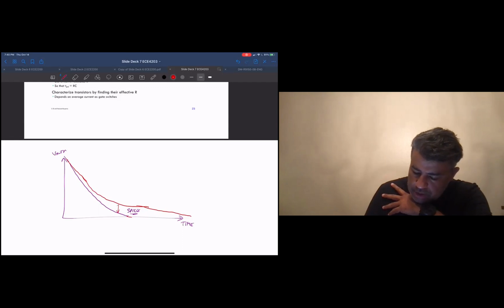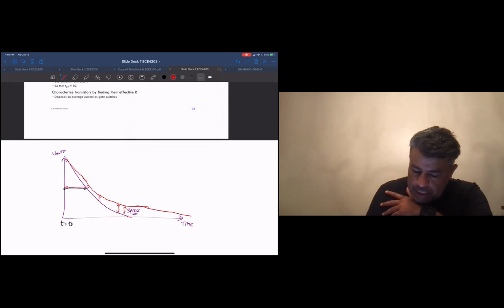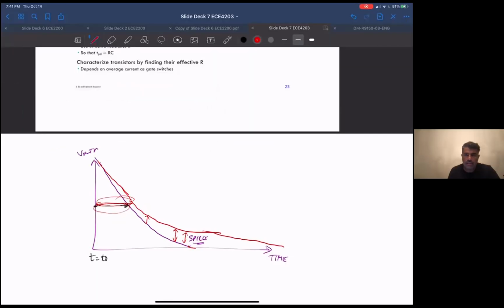So at each one of these points it's not a great estimate. But let's say t equal to t0 is when the input transitions. We're looking from here to here, or from the same place to the RC model, and these two values end up being really close with a real simple RC type of estimate, probably less than 10% error, depending on the values of R and C that you pick.